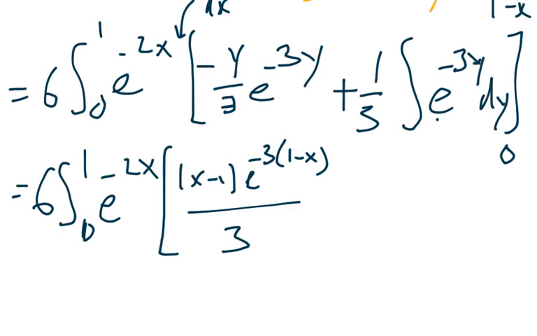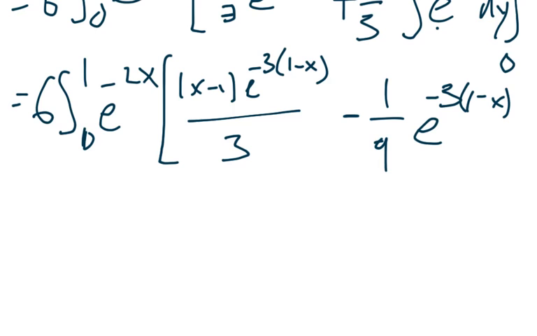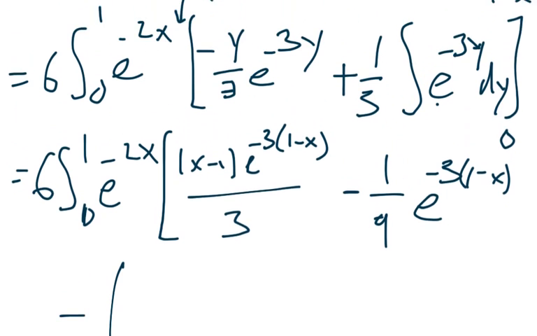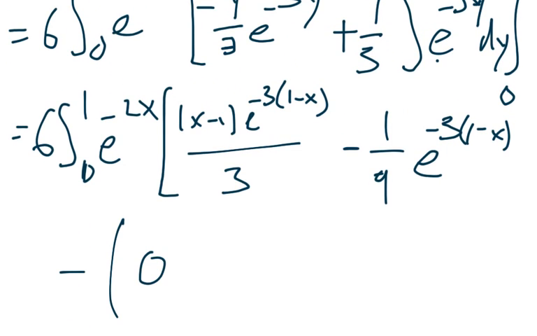And then this integral is going to give us a minus 1 over 9 e to the minus 3 times 1 minus x. So I recommend checking this, but this is the correct answer. And then we get minus, and if I plug all this in, this one's going to be a 0, and this one's going to be a minus 1/9 e to the 0.